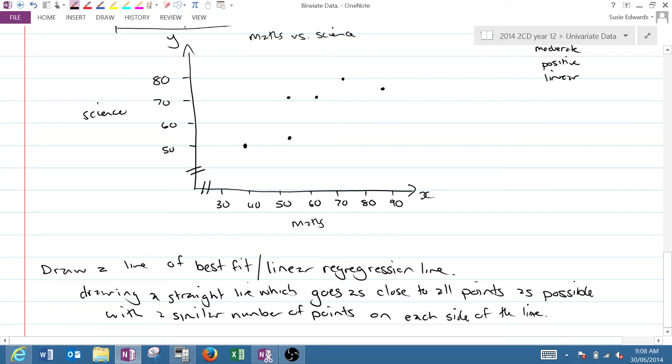If you're in a calculator section, you want to find the mean of each of the scores, and actually you can sort of almost rotate your ruler around that point. If you're not in a calculator section, then you can't do that.